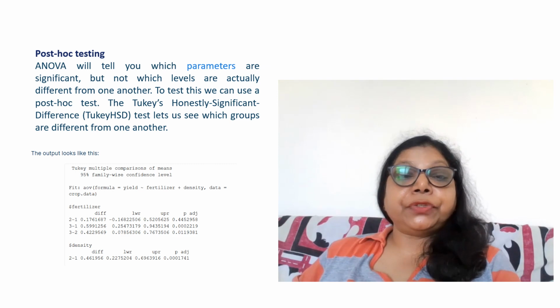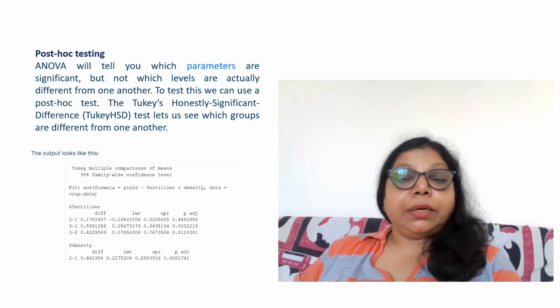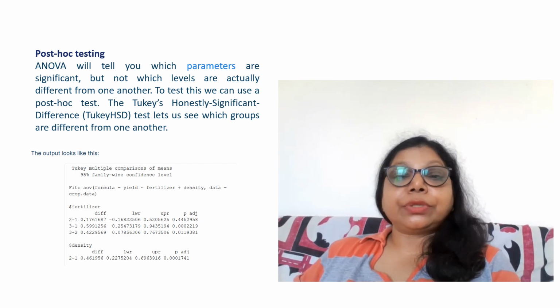I have done this with you in one-way ANOVA also, and in two-way ANOVA it is being done too. This output shows the pairwise differences between the three types of fertilizers and between the two levels of planting density, with the average difference, the lower and upper bounds of the 95% confidence interval, and the p-value of the difference.